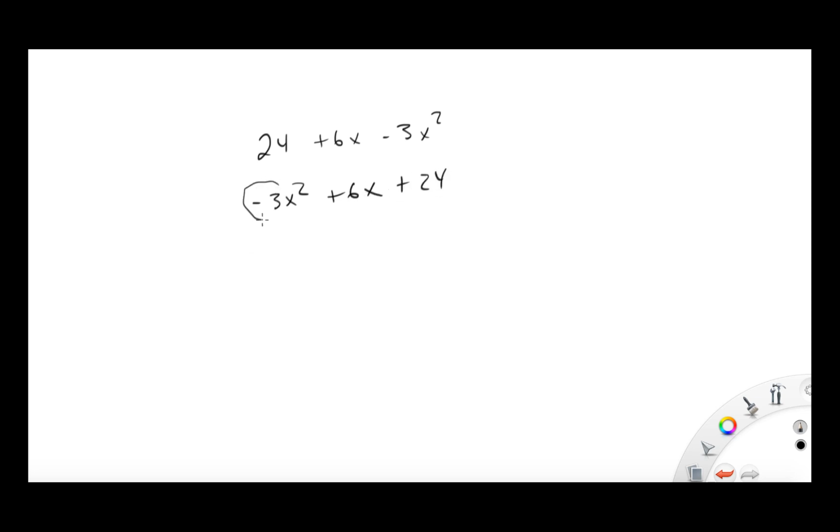Now, when you have a coefficient out here, that means that you're still going to have your x and your x, but this coefficient is going to be on the outside because we're going to multiply that in between there. Now, if 3 is on the outside, we basically have to divide both of these numbers by 3.